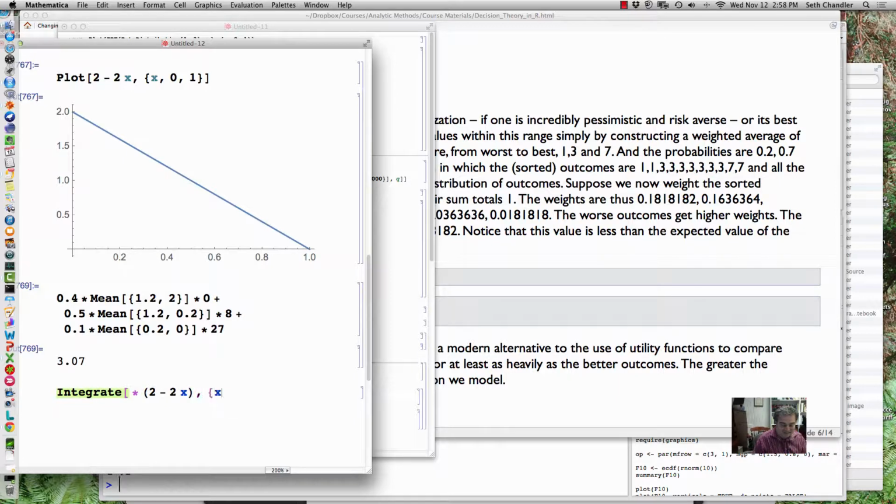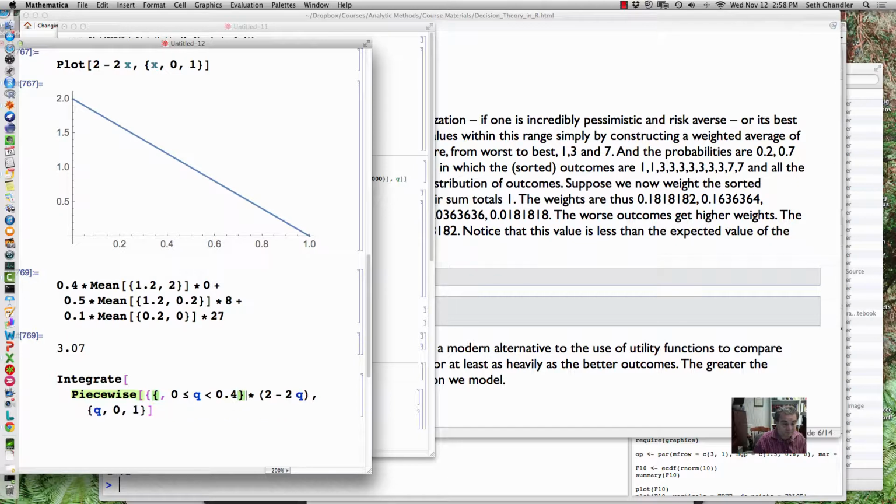And as x goes, let's actually, can I use q? I'm going to use q instead of x, as q goes from 0 to 1. What's that something? Well, it's a piecewise function, isn't it? If q is between 0 and 0.4, then we want to multiply by 0, because that's the utility in those quantiles.